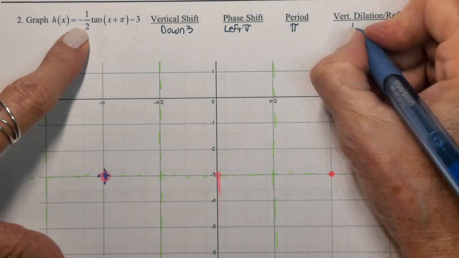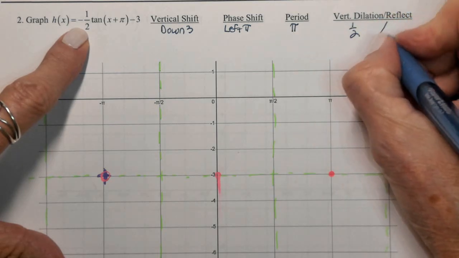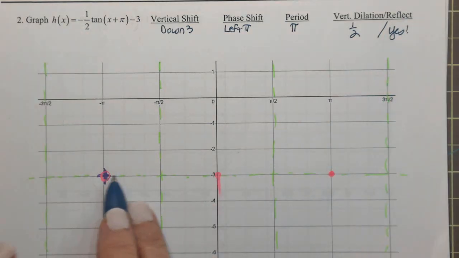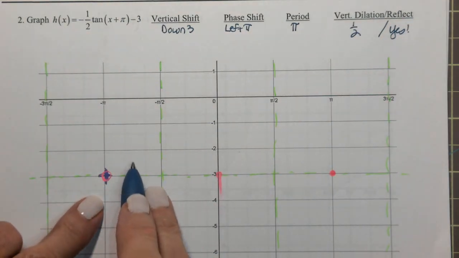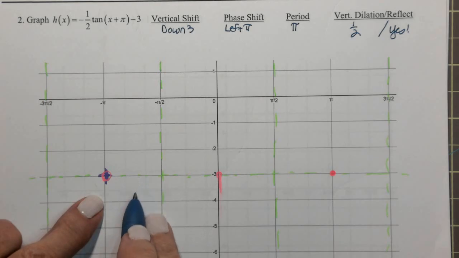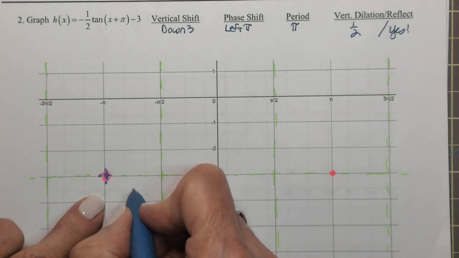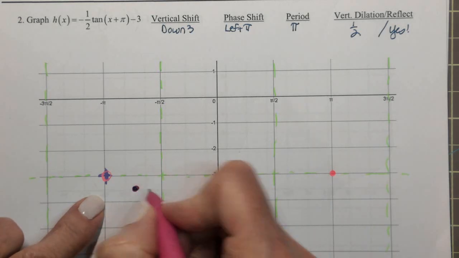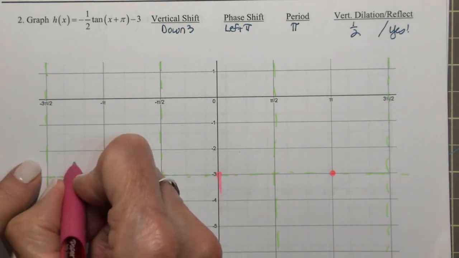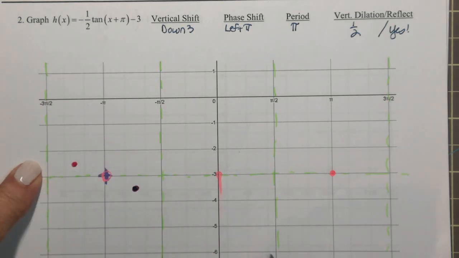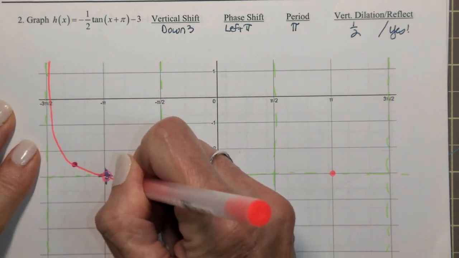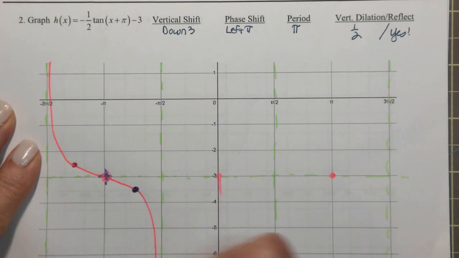Vertical dilation is a factor of half, and there is a reflection. So instead of going, halfway between here, instead of going up a half, I'm going to go down a half. But only a half. I should be doing this with my other color here. Only a half. And so on this side, I'm up a half. So that first leg there looks like this.